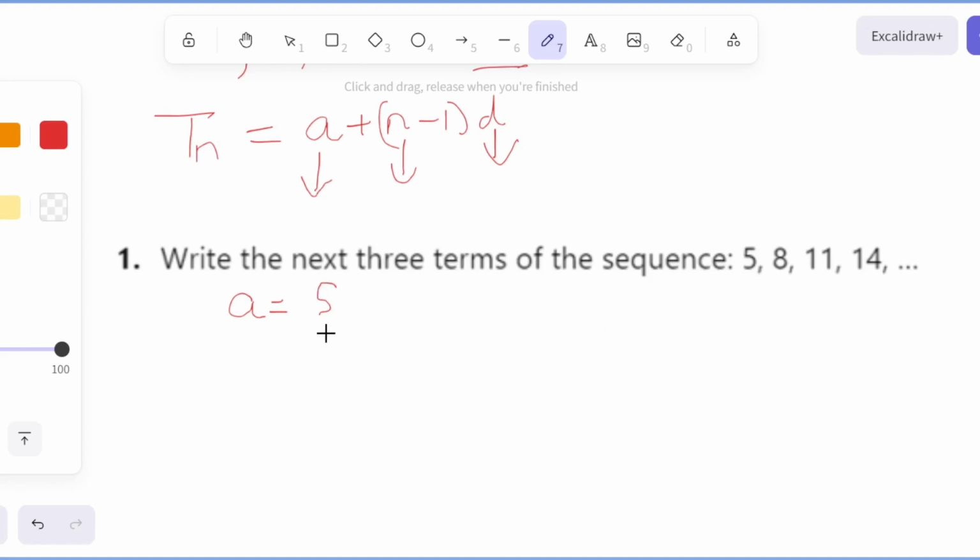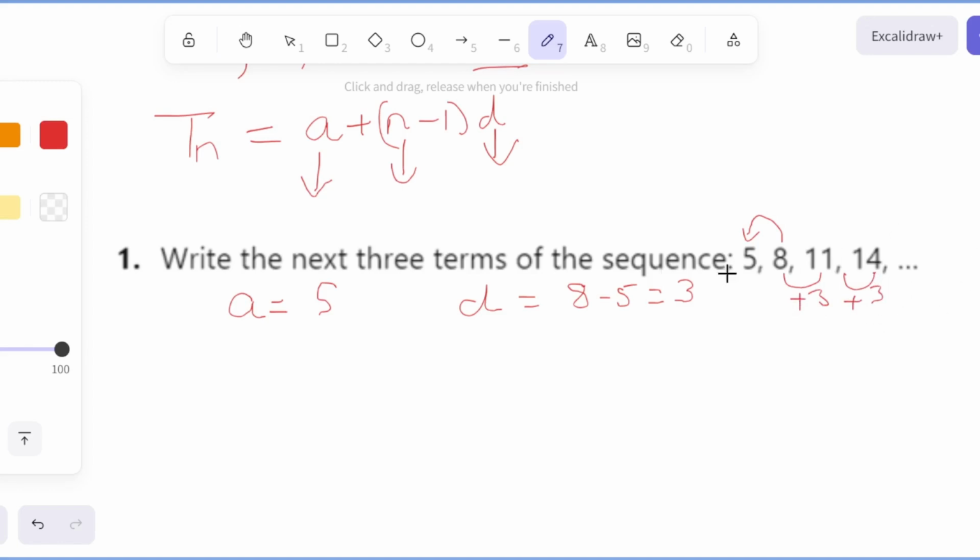And d is the common difference, which is 8 minus 5. Always remember, to find the common difference, you have to subtract the previous term from the next term. So 8 minus 5, which is 3. If you see, you keep on adding 3.